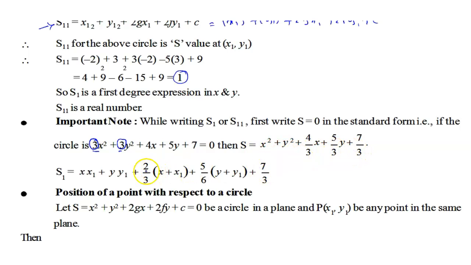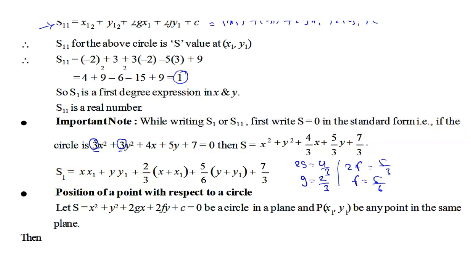After that I am taking S11. Here 2g is equal to 4 by 3, so g is equal to 2 by 3. And 2f is 5 by 3, so f is equal to 5 by 6. In the general formula of S1 we have xx1 plus yy1, and in that you can substitute here.